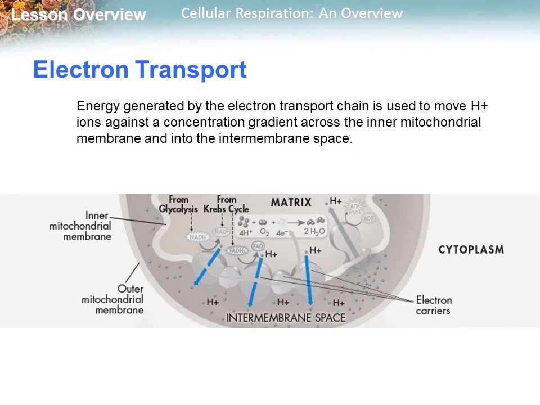The energy generated by the electron transport chain is used to move hydrogen ions against a concentration gradient across the inner mitochondrial membrane and into the intermembrane space.